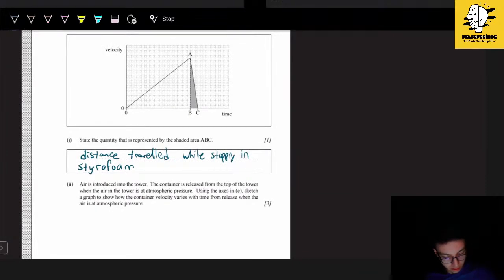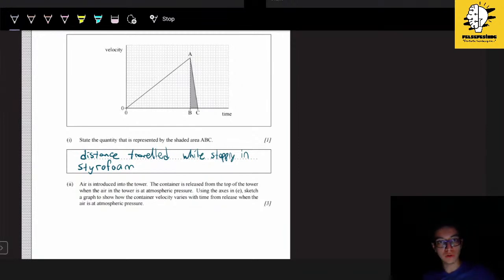Okay. So it says air is introduced to the tower. Remember that it was vacuum previously. So now the air is at atmospheric pressure, and use this axis to draw the diagram of velocity versus time graph for this instance. So we can say that it will not reach that much of a velocity because it will reach a terminal velocity while going through this, right?